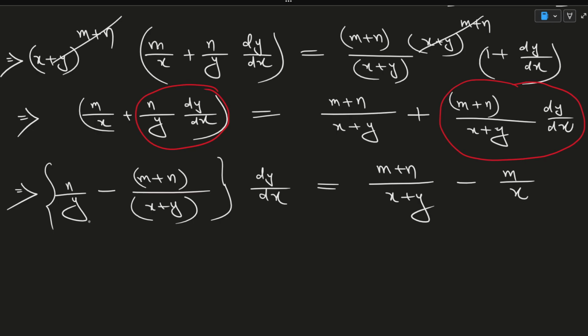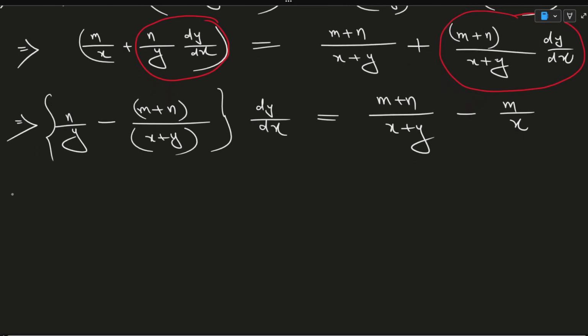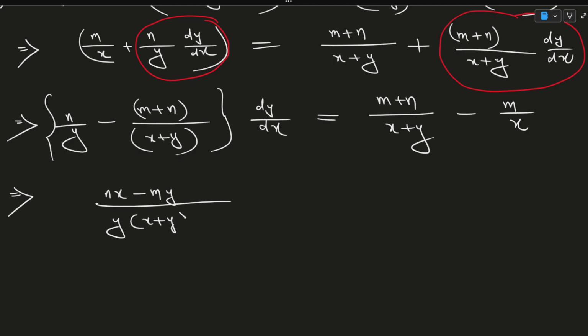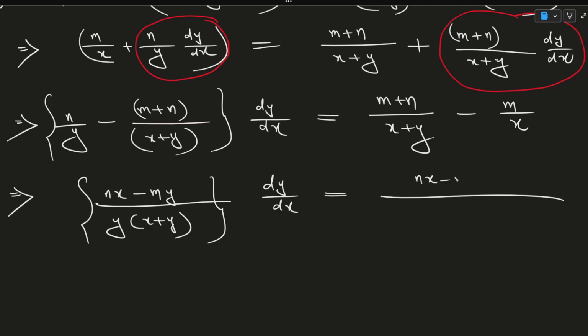So what I will do now is take the LCM, and then it will reduce to nx minus my divided by y into x plus y, and on the other side nx minus my.